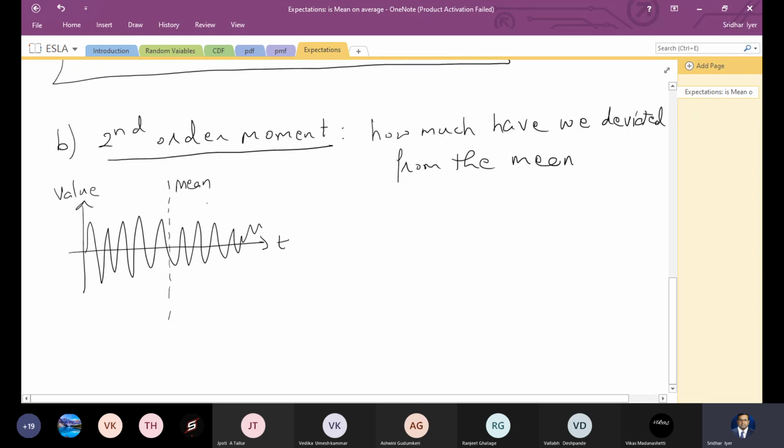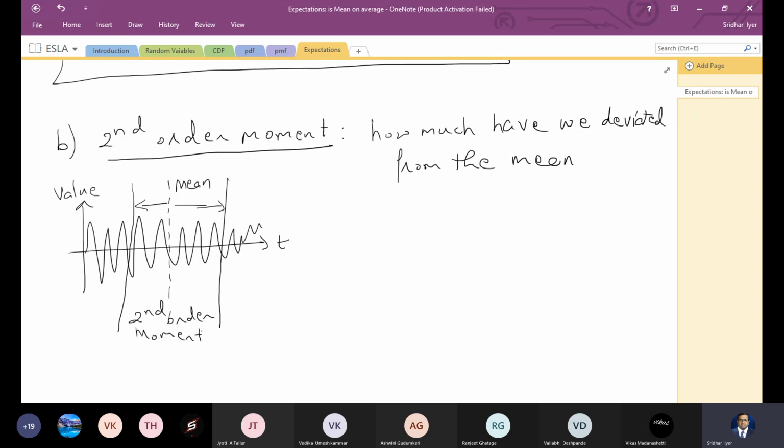Therefore, this deviation from the mean, let's say the arrow which I am drawing, is known as the second order moment. So how much we deviate from the mean is the second order moment.